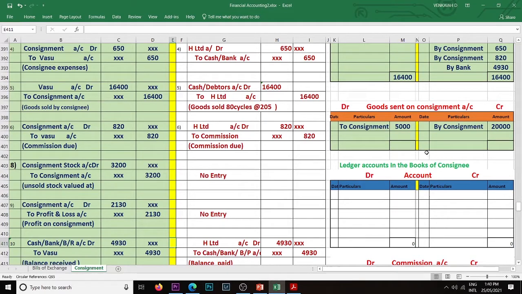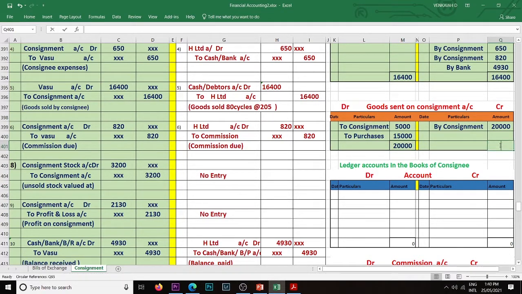Okay, now to purchases account. Purchases or trading, whatever it may be. Okay, now you can write. So here 15,000. Earlier our GSC accounts are only with the value of cost price.